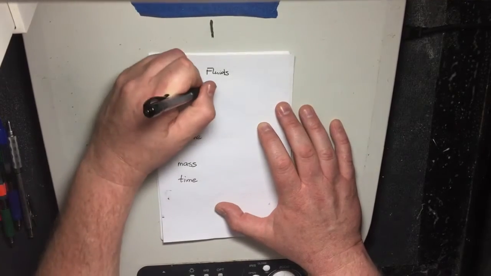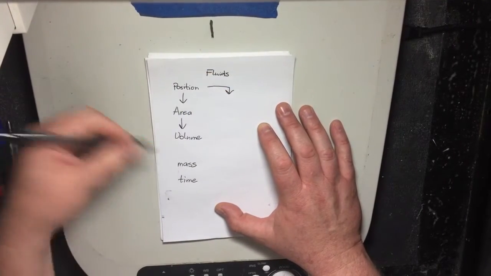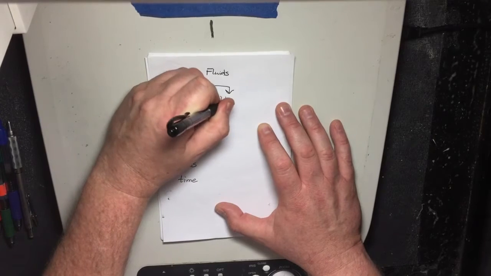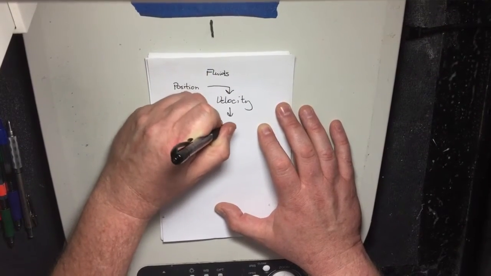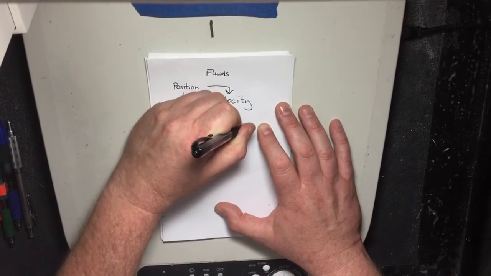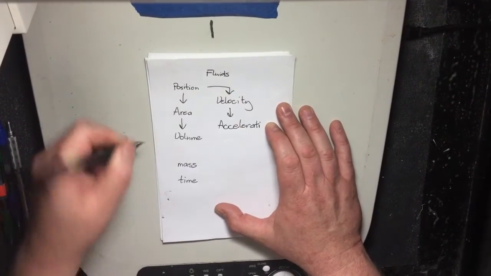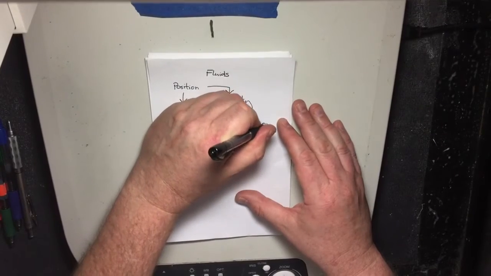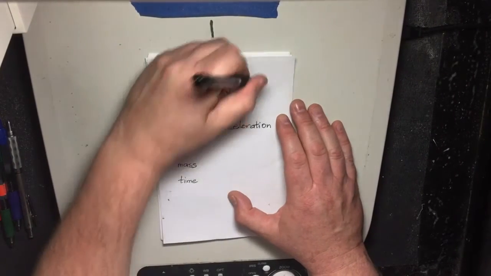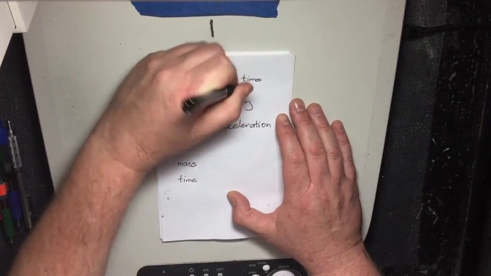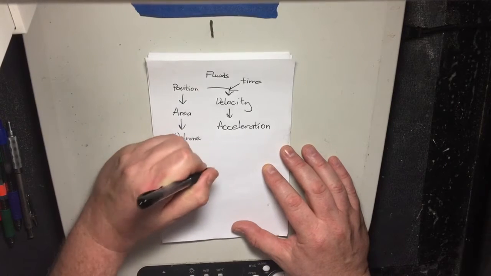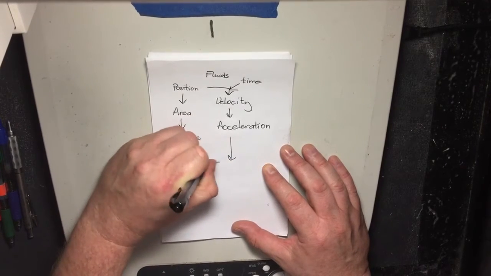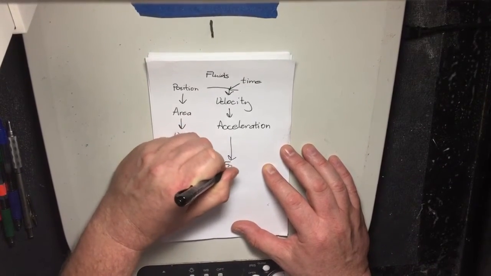From position, we can get velocities and acceleration. When you mix position and time together, you get velocity. And if you take mass and acceleration together, you get force.